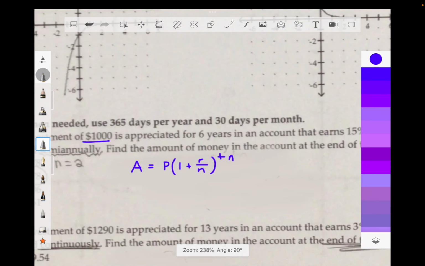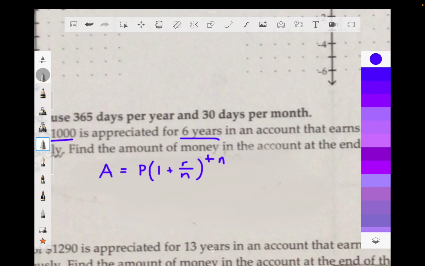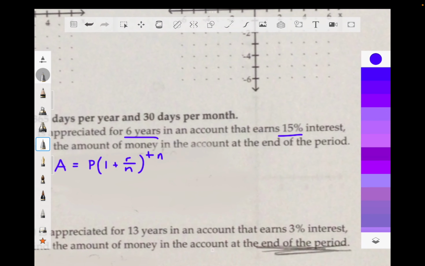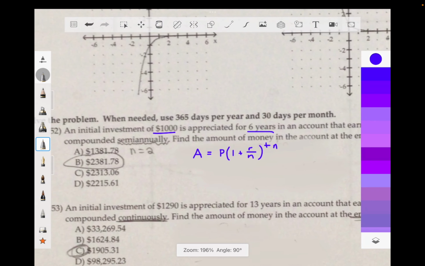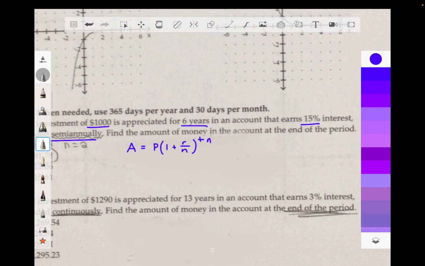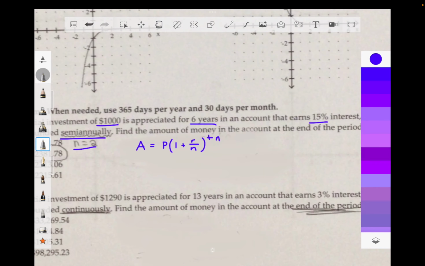It's appreciated for 6 years, so that's our time T. In an account that earns 15% interest rate, that's our R. Compounded semi-annually, so that's the amount of times it happens, N. Semi means 2, annually means year, so semi-annually means twice every year. And see here you said N equals 2.